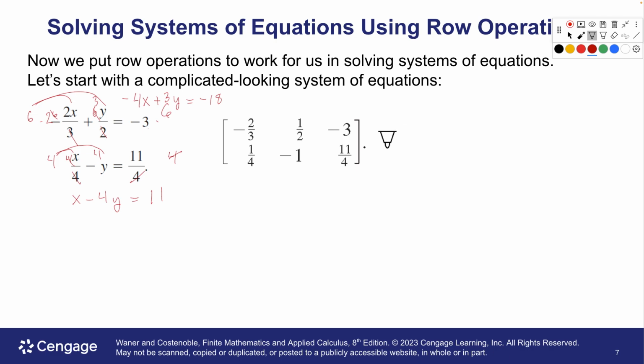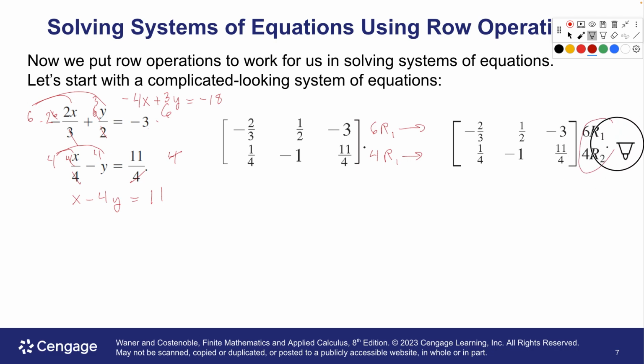So one of the ways we can write this is to say, let's take 6 times row 1 and install that there. We're going to take 4 times row 1 and install it there. And so they did it all for us like this, right?